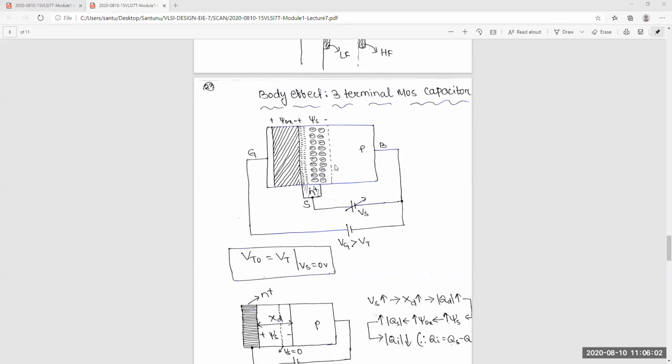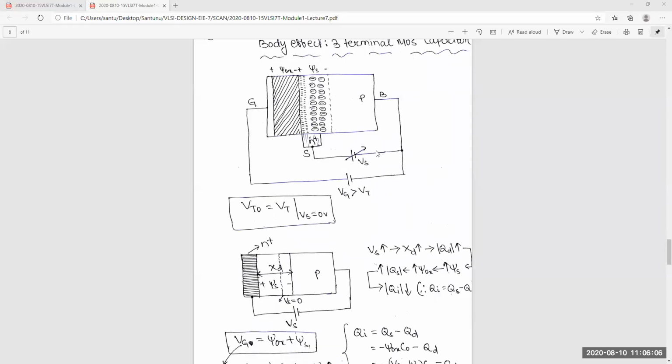That we will discuss. And another thing is, what will be the polarity of this Vs, or Vsb as we generally call it? Whether it is positive or negative, you can analyze that from this structure.